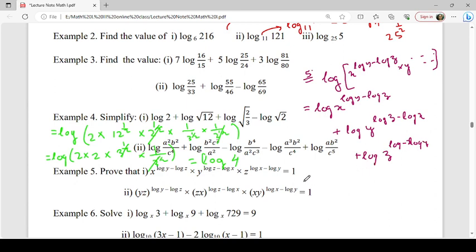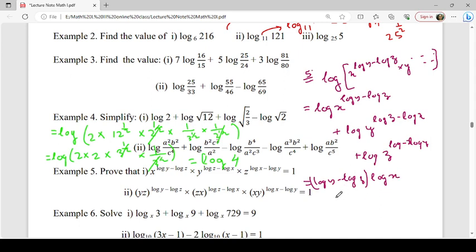And what you can do now, the base we are not writing, don't get confused, no base is here, which means the base is common. So this is the power, so log y minus log z will come as coefficient. For the first term, it is log y minus log z into log x.